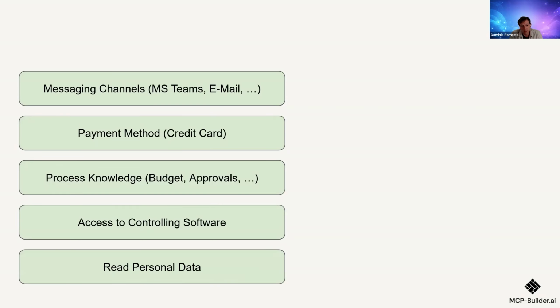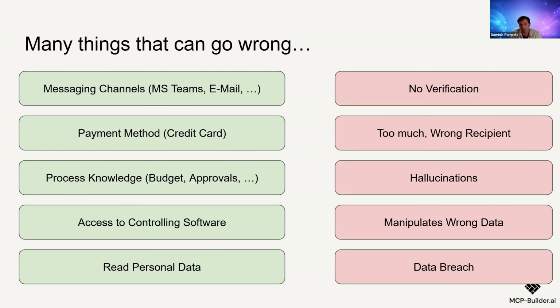And then, of course, it will read lots of personal data, which can be an issue. With all these channels opening just for one thing, we already see how much can go wrong in an enterprise setup. For messaging channels, it sounds quite easy, but we need some kind of verification so that not suddenly someone else is able to get in contact with that AI assistant and tell it to book something.